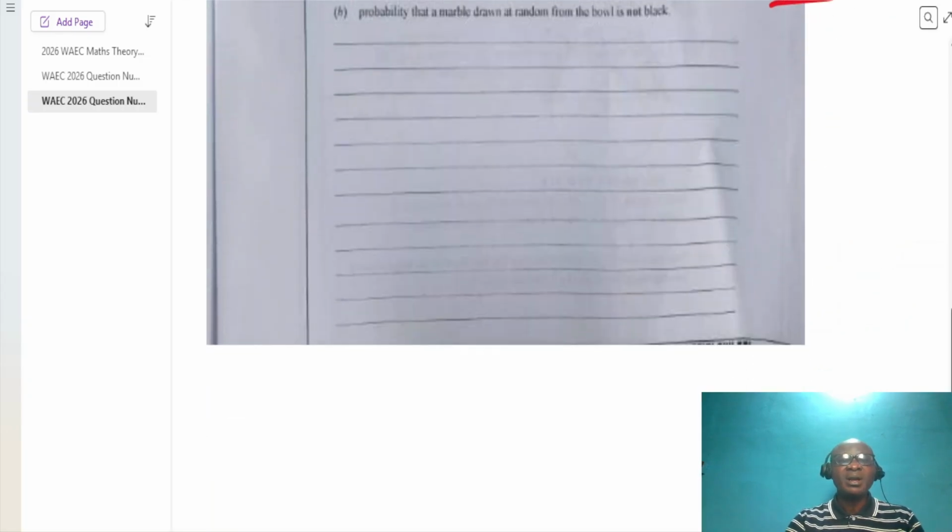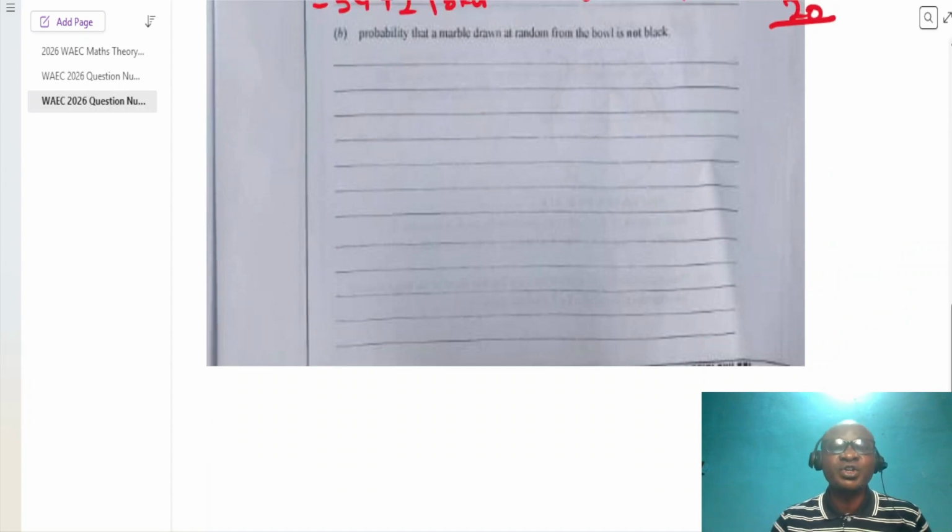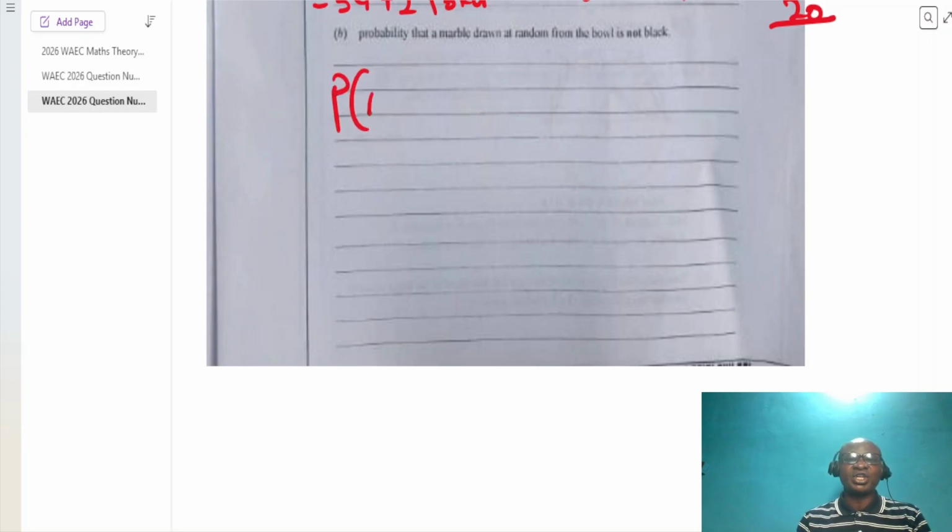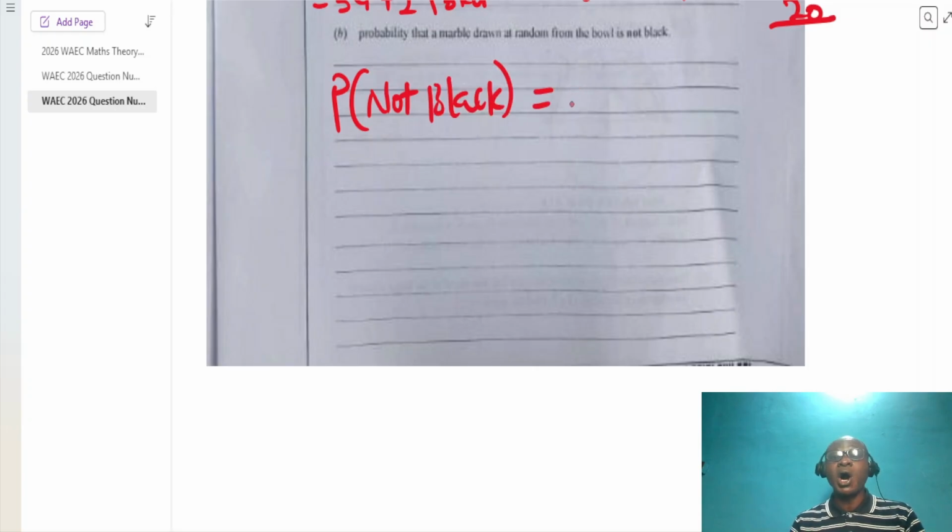Let's go to question B. It says that we should find the probability that a marble drawn at random from the bowl is not black. What that means is that it is the probability of red or the probability of green.